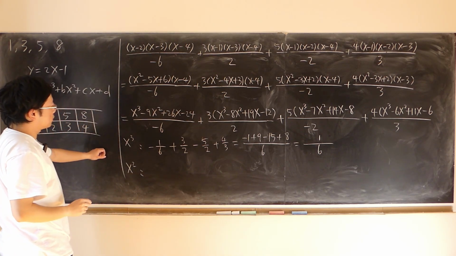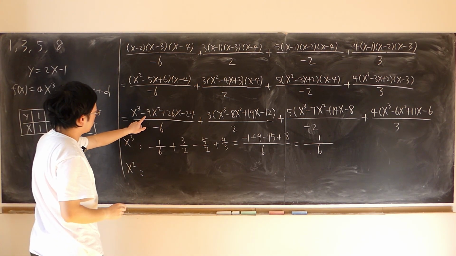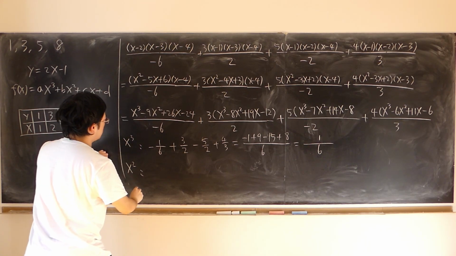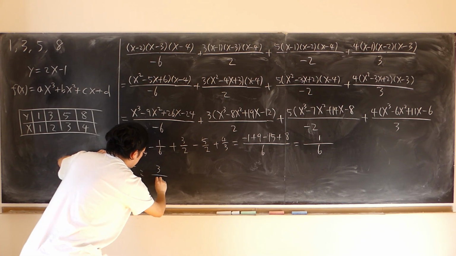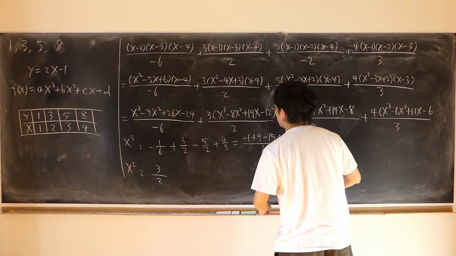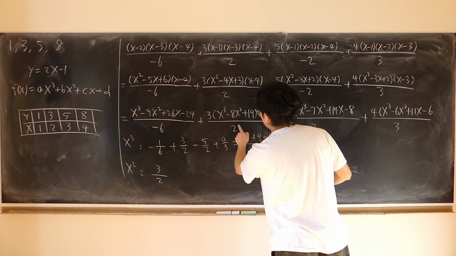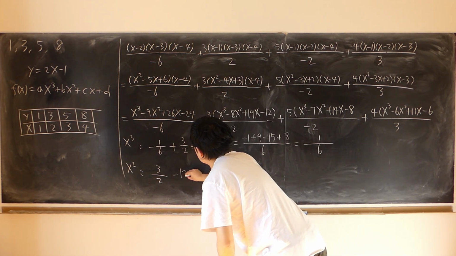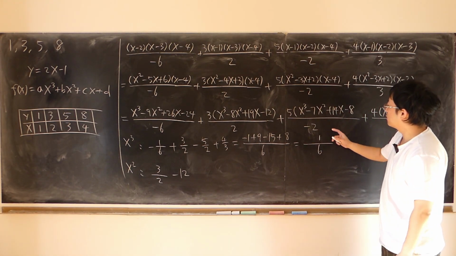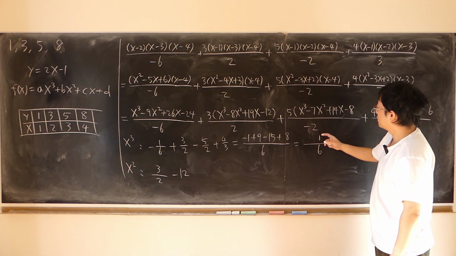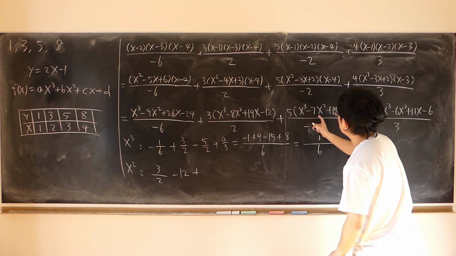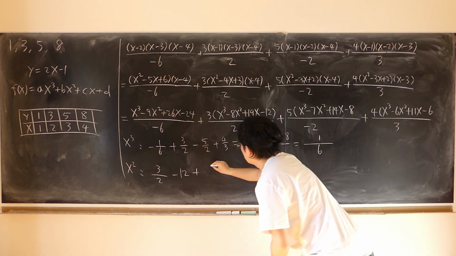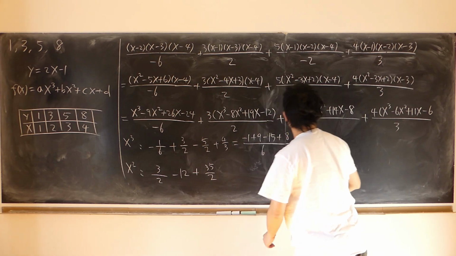So the square term coefficient is what? So negative 9, negative 6. So positive 9 over 6. So positive 3 over 2. From here, negative 4 times 3, negative 12. From here I have positive 5 times 7, 35 over 2.